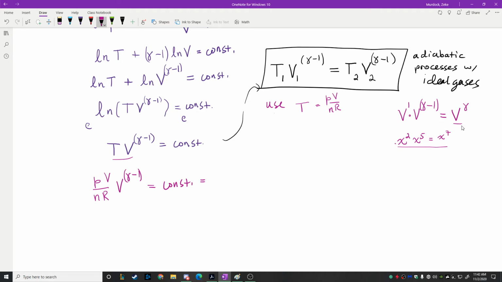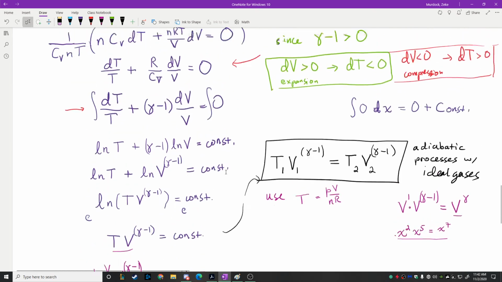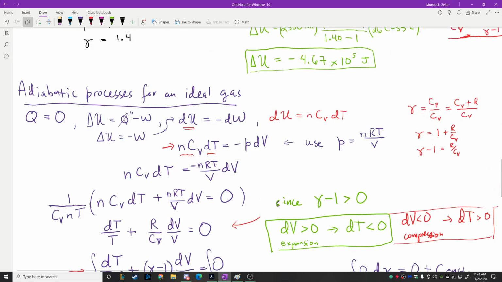So then what we do now is to say that the number of moles is going to be constant, and n is going to be constant. So as long as the number of moles doesn't change, which in this adiabatic process, is that reasonable to say that would always be the case? So let's review. Adiabatic process means that there's no heat exchange with the surroundings.